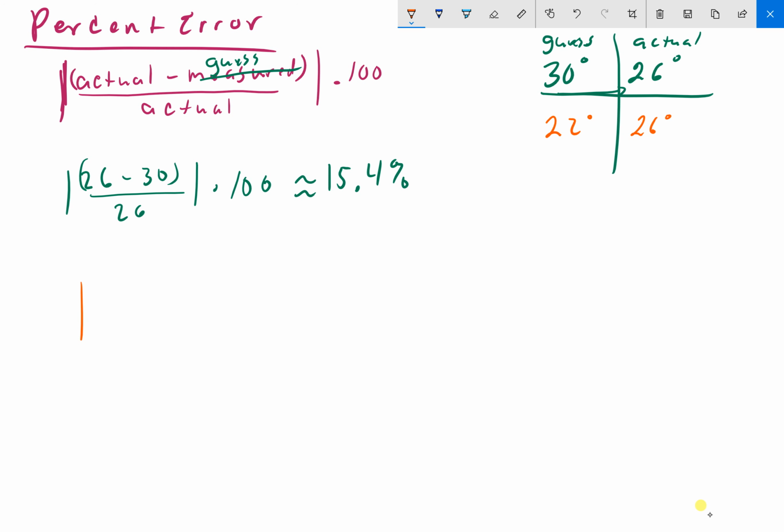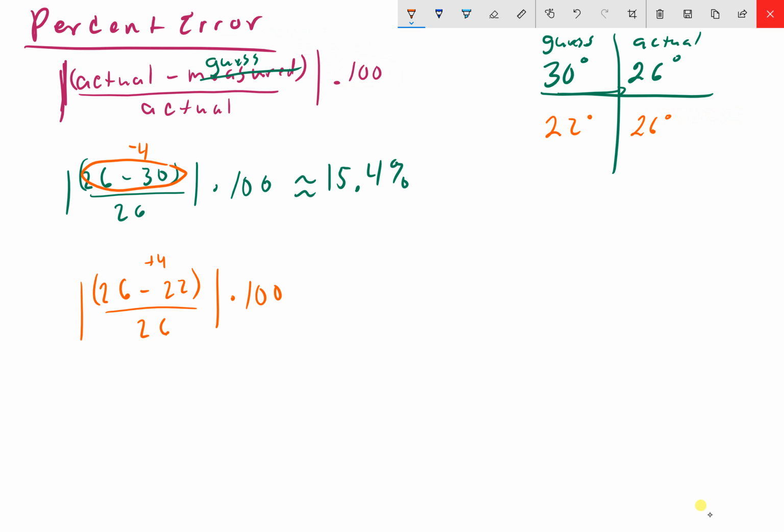So once again, I'm going to do the absolute value of 26 minus 22, over the 26, times 100. Right here, when we first did this, we ended up getting negative 4. Here, I'm going to get 26 minus 22, which is a positive 4.